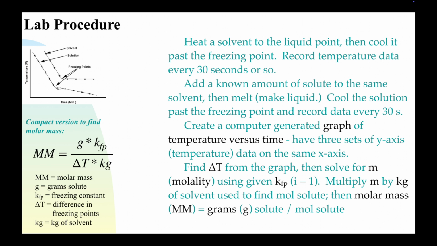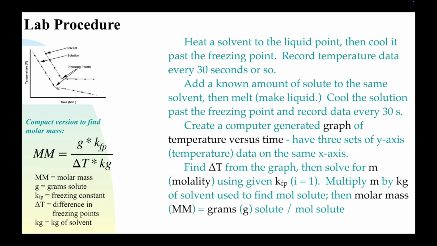Little g is the grams of solute, a measurable amount that you'll add into the solution to see what's going on. KFP is the freezing point constant. It's solvent dependent. Delta T is the difference in freezing points between the solution and the pure solvent. And finally, the kilogram there is the kilograms of solvent. You may need to turn grams into kilograms, but that's no problem at all.